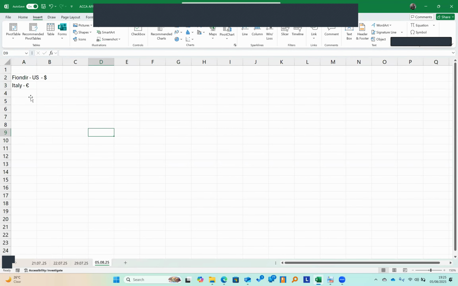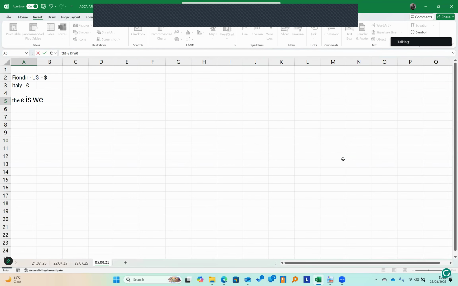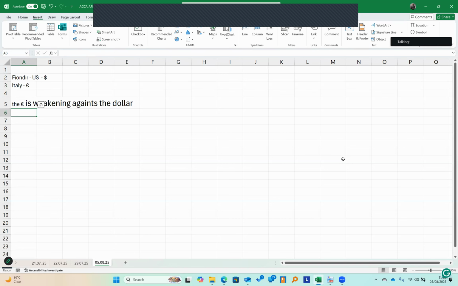So if the euro is weakening against the dollar, what does that mean? Remember we are talking about revenue coming from Europe. If the dollar is stronger than the euro, it means that when we sell things in Italy, they become more expensive. When they become more expensive, we get less revenue from them.